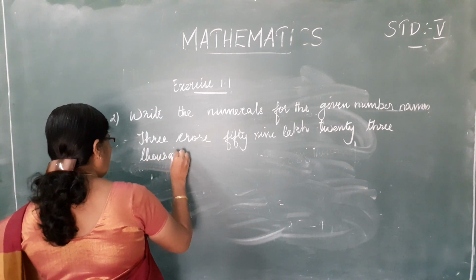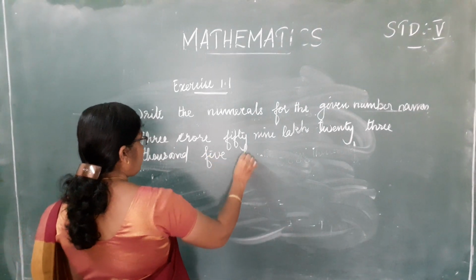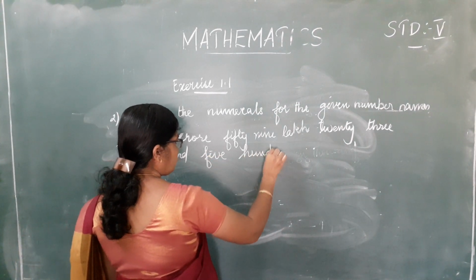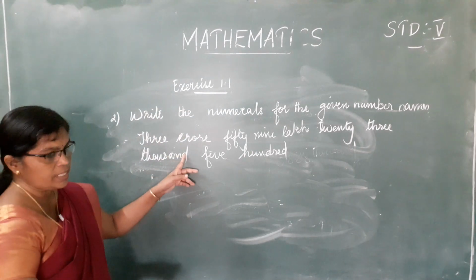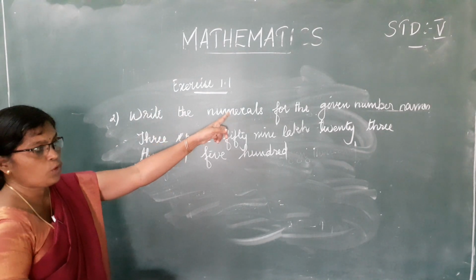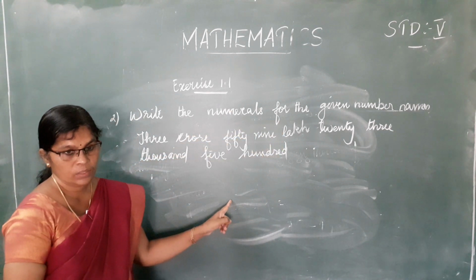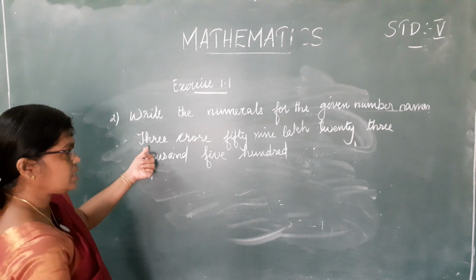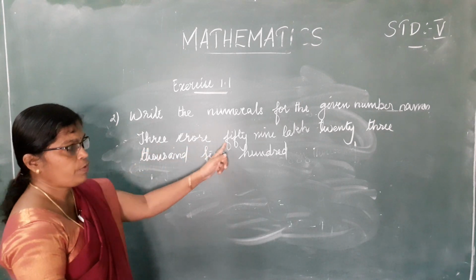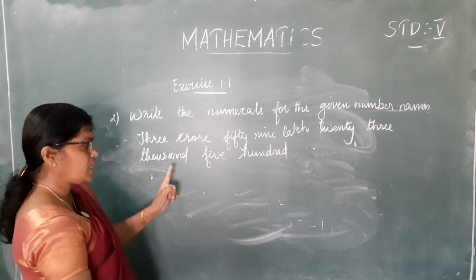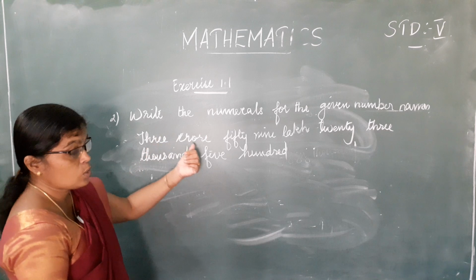The number name is written here, and instead of the number name you have to write the numeral, that is, write it in numbers. So let's read this number, and it is in the Indian system: 3 crore 59 lakh 23,500.